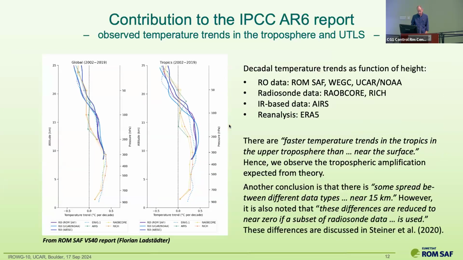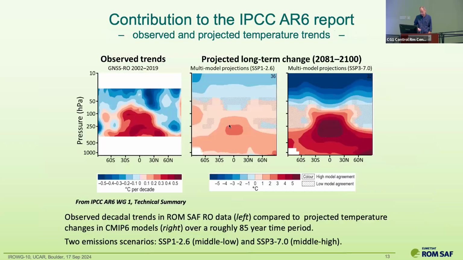Okay, IPCC report, we've seen this before. The conclusion was that there is a great deal of correspondence in large parts of this, but also some differences that need to be explained. We saw this.